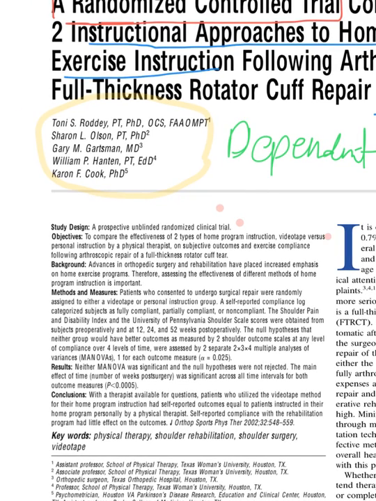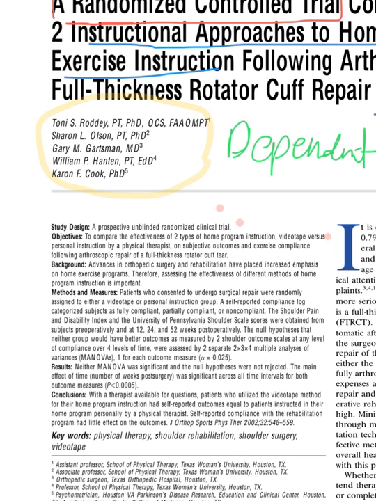Here we have the objectives, also called the purpose of the study, to compare the effectiveness of two types of home program instruction, video tapes or recordings versus personal instruction by a physical therapist. And then they looked again at the subjective outcomes and exercise compliance. That's actually what the dependent variable is.